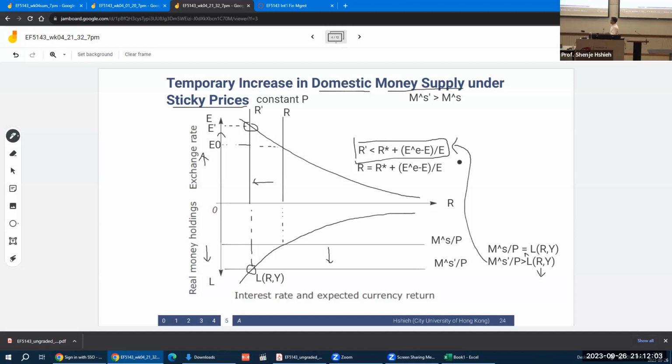And in doing so, they're going to conduct carry trade in such a direction. They're going to borrow domestic and lend out in foreign. By doing that, they have to convert domestic currency to foreign currency. That's going to depreciate the domestic currency because they're selling domestic and buying foreign. And that's why at the end, you must have higher E. E has to increase. Because you want to make the entire right-hand side smaller, so E has to decrease to restore UIP.